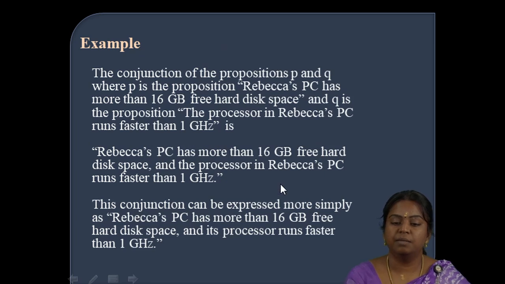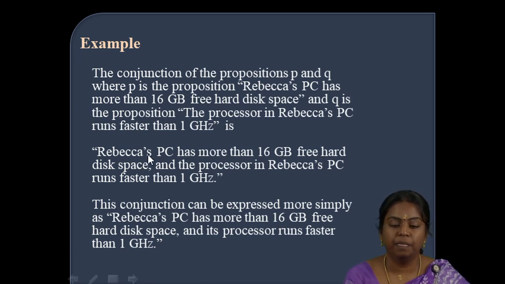Let us see one example for conjunction. Consider the conjunction of the propositions P and Q, where P is the proposition Rebecca's PC has more than 16 GB free hard disk space. This is one statement. And Q is the proposition the processor in Rebecca's PC runs faster than 1 gigahertz. So what is the conjunction of these two propositions P and Q?